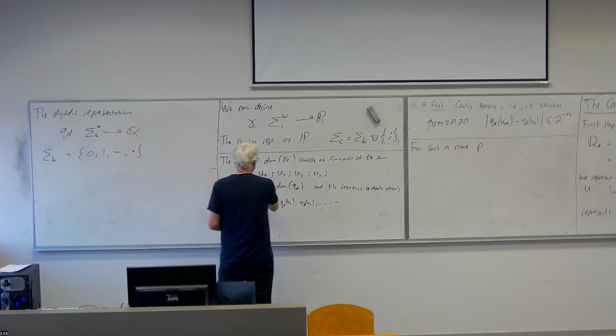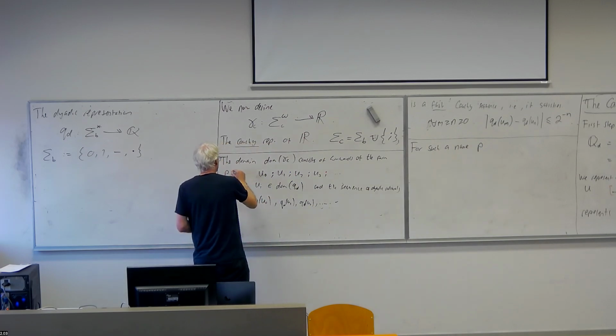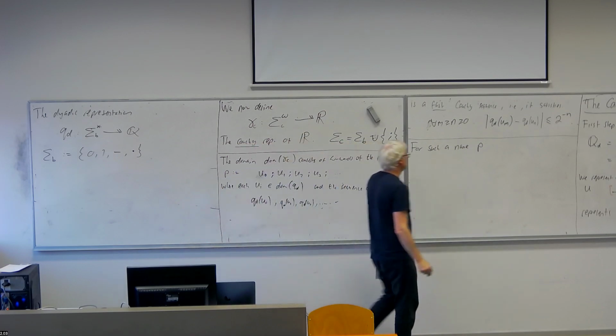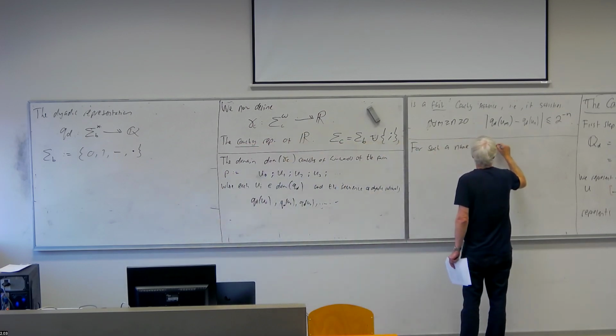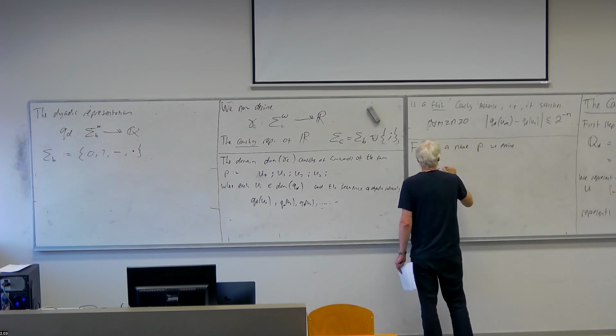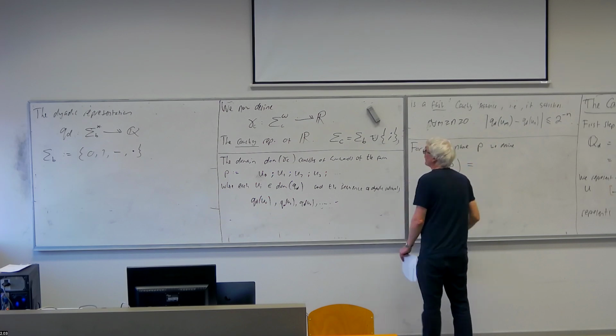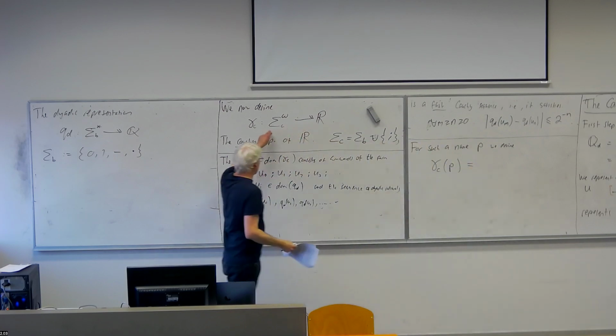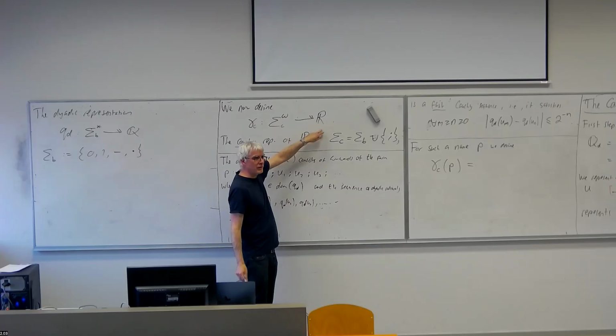of this form, we define... So we want to say what the real number represented by the Cauchy representation is. Defining this function by saying, to this name, we give it this real value.